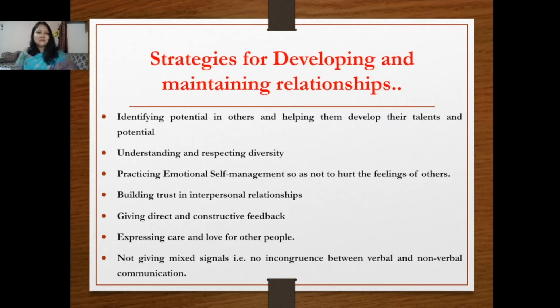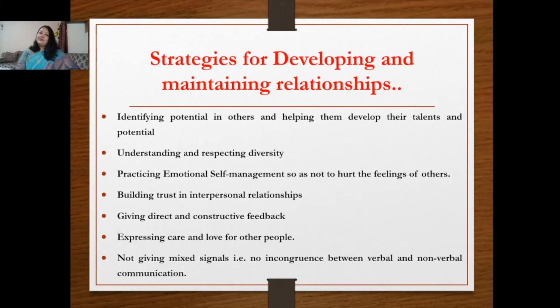Building trust in interpersonal relationships. So being a person who the other person can trust, trying to develop that in us. Giving direct and constructive feedback to other people. Instead of blaming them, instead of using negative terms, we should give constructive and positive feedback to people, and direct feedback instead of talking about them behind their back.